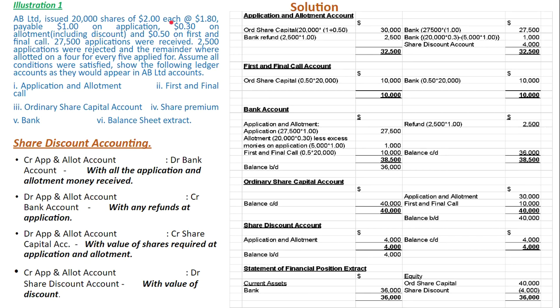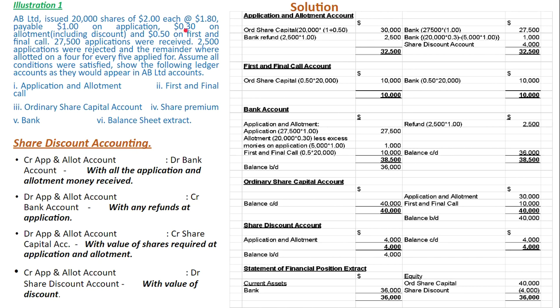We know that our discount is 20 cents, being $2 minus $1.80. So our subscribers to the shares were told to pay 30 cents instead of 50 cents, yet there had been no discount. So because our shares are always recorded at par, we will have to factor in the discount at this stage, which is 20 cents.